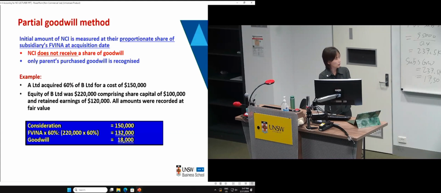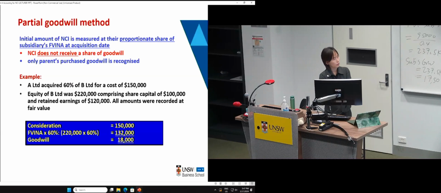Now, let's look at the following example. Basically, same as the one we previously did. A acquired 60% shares in B and paid 150,000, and B's net assets, or book value of the total equity, is equal to 120,000. All amounts were recorded at fair value, so no fair value adjustment is required. The net assets acquired by A is equal to 220,000 multiplied by 60%.